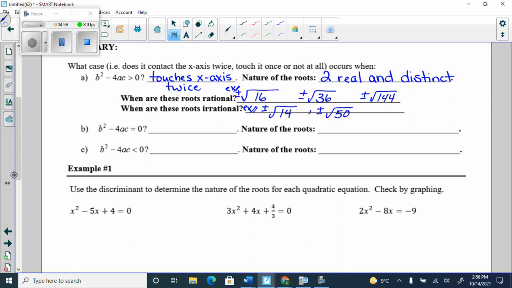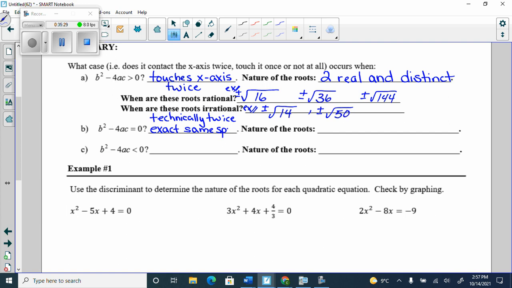For b, when b squared minus 4ac equals 0, how many times does it touch the x-axis? Technically twice, but in the exact same spot, right? So it looks like once. We'll say technically twice. Exact same spot.